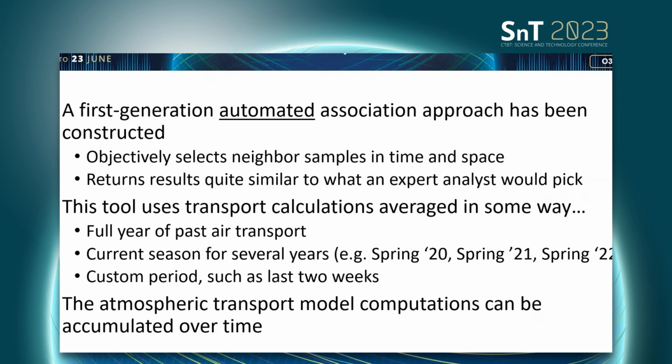So our summary is that we have a first level automated association approach, and it's objective, but there's still questions about how you might use it. The last time I gave this talk, and I'm not an atmospheric scientist, and I probably said some of the wrong words, but we used a full year of data. And you know, the winds blow in different directions all year and so forth, and we did it for the entire Earth.